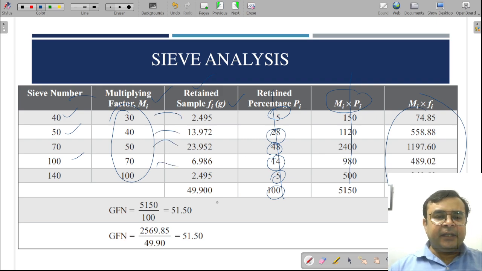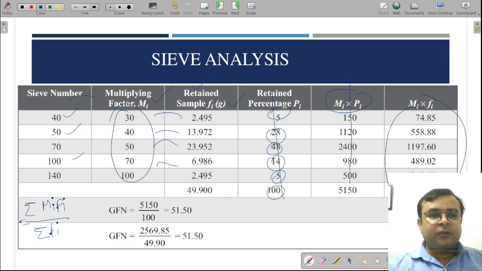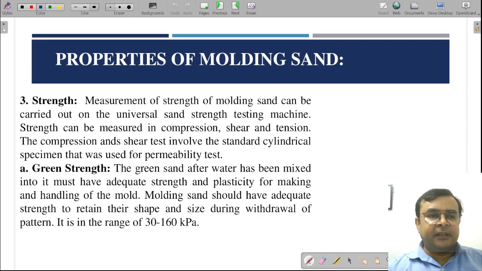After that we have a formula, that is summation of MiFi over summation of Fi. Correct. From this ratio you will get the grain fineness number. So this is called a grain fineness test.